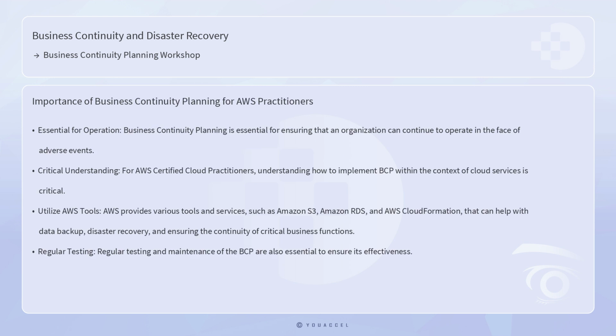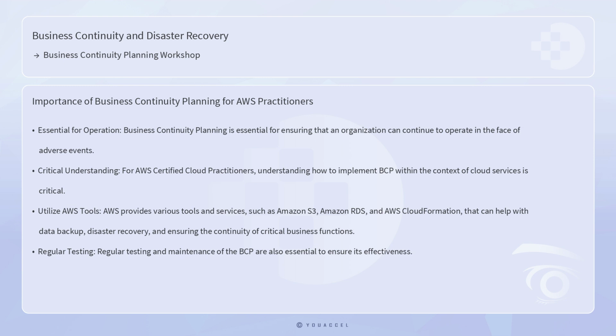In conclusion, business continuity planning is essential for ensuring that an organization can continue to operate in the face of adverse events. For AWS Certified Cloud Practitioners, understanding how to implement BCP within the context of cloud services is critical. This includes conducting risk assessments, business impact analyses, and developing recovery strategies.